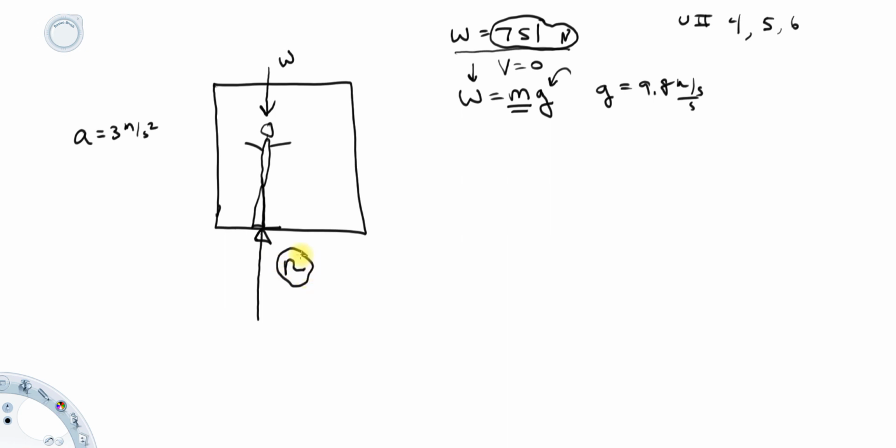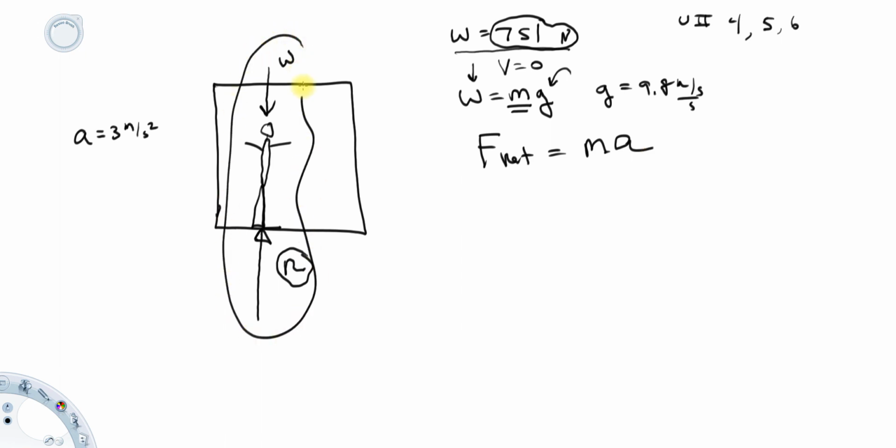Now, when you say Newton's second law, right, net force equals mass times acceleration, the net force is the sum of these two, right? And that's what's referred to as a vector sum, right? Vectors are quantities that have magnitude and direction. So this one is up, so we normally would assign a positive number to that.